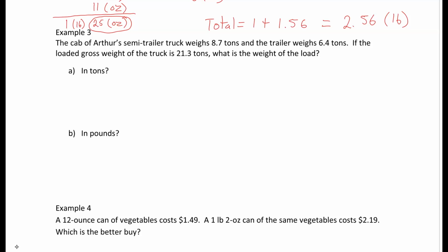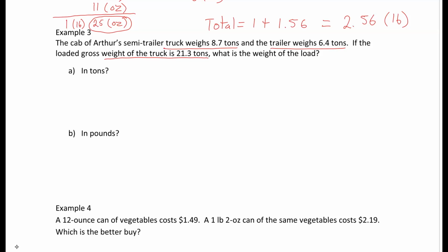Well, first off, we have the truck that weighs 8.7 tons and the trailer that weighs 6.4 tons. Now, when they weighed it at a weigh scale, they're going to find out that they have 21.3 tons in total. So we want to figure out what is the weight of the load that is inside of the truck.